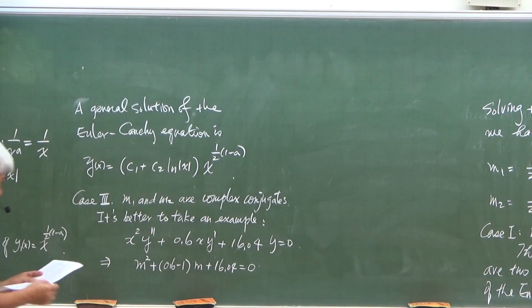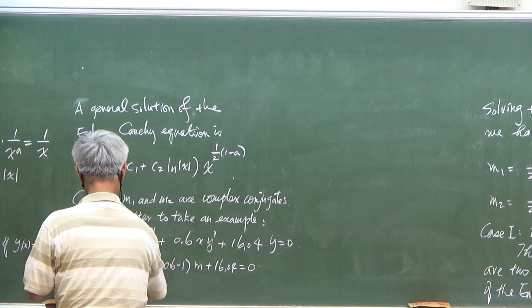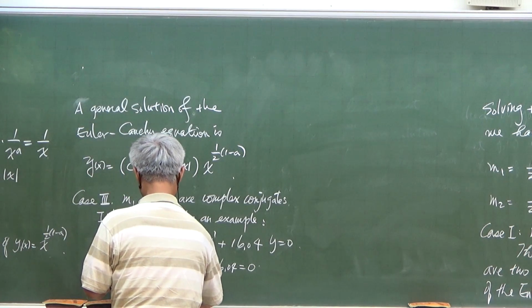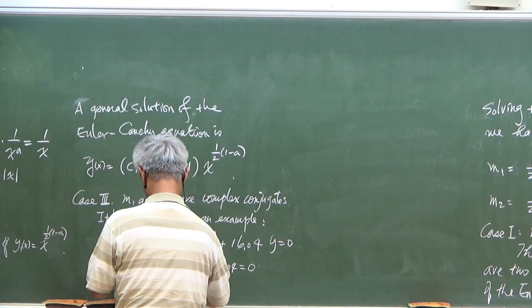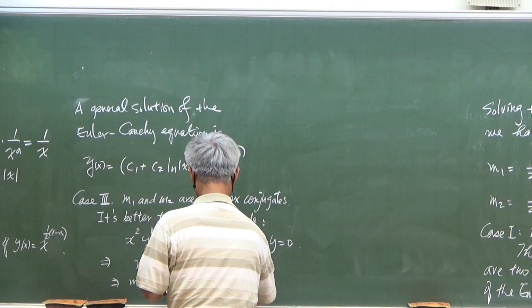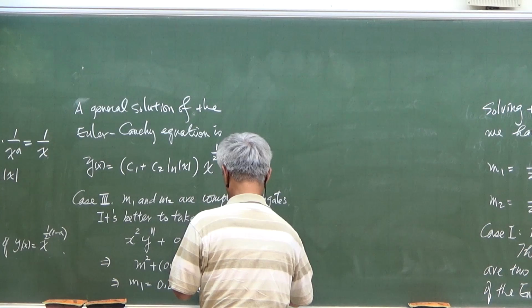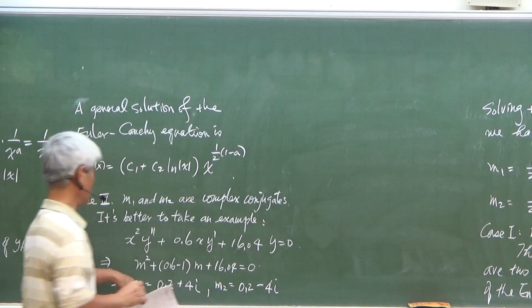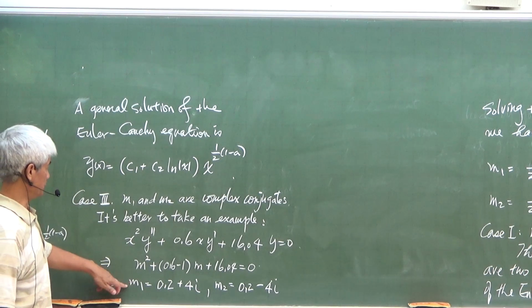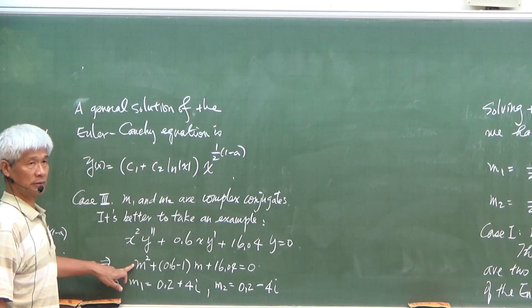We find m1 equal to 0.2 plus 4i, and m2 equal to 0.2 minus 4i. So we have two complex conjugate roots in solving this quadratic equation.